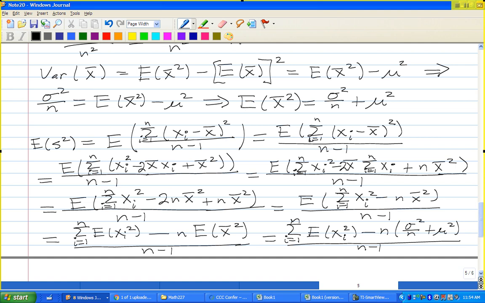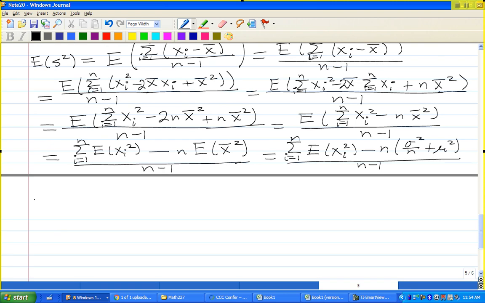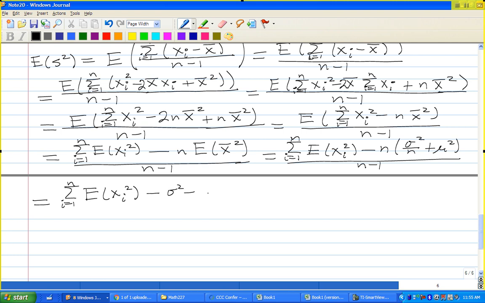Okay. And so we have that this is equal to the sum i equaling 1 to n of the expected value of x squared minus sigma squared minus, multiplying the minus n inside the parentheses, n mu squared, all over n minus 1.